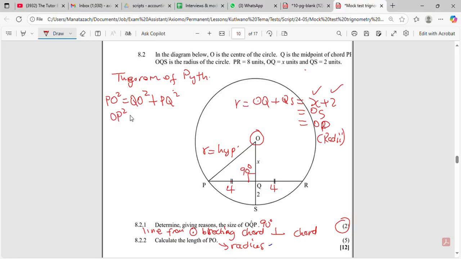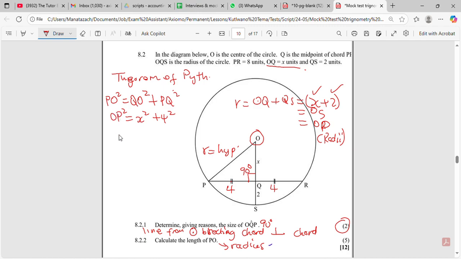Then OQ is X. Remember, we're given that it is X, so that will be X squared. Don't forget the square. The PQ, we said it's 4 squared, right? But remember what you said about OP, it's x plus 2. I should have replaced it there by x plus 2 from the beginning.